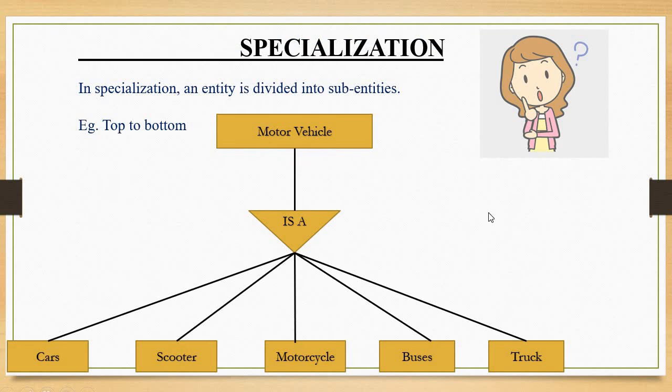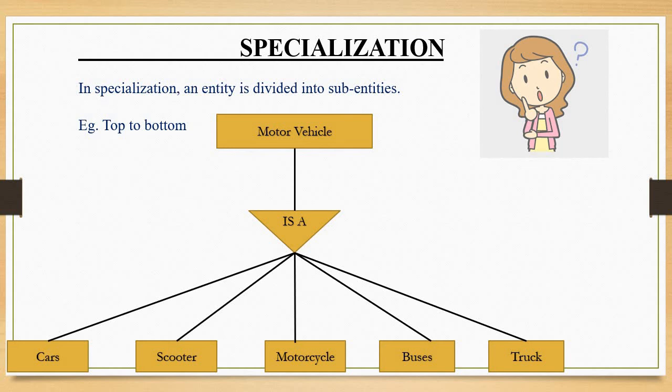Now the question arises in DBMS: what is specialization? In specialization, an entity is divided into sub-entities. Here is the top to bottom criteria.